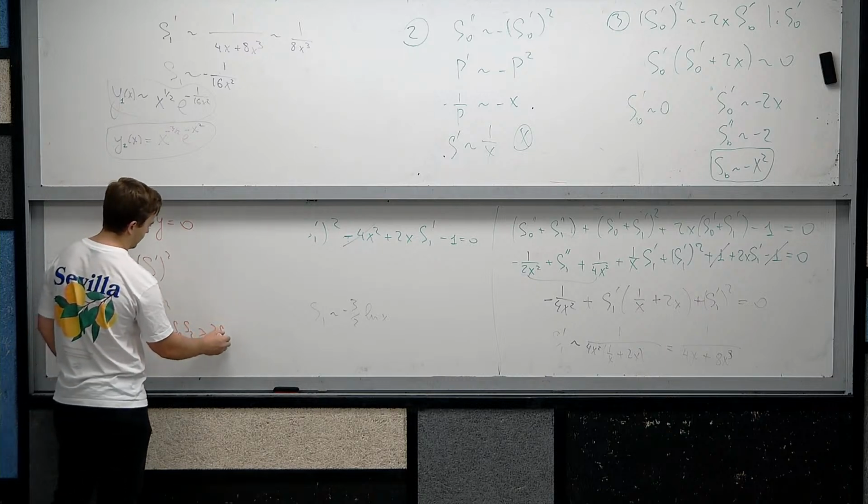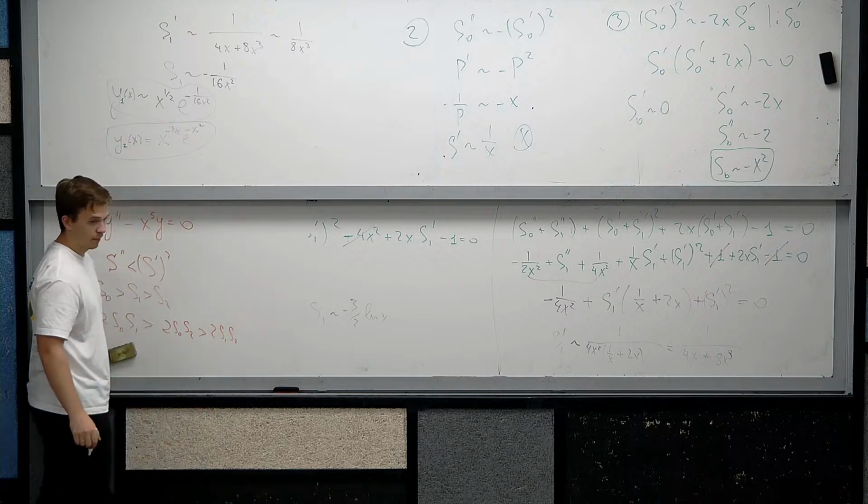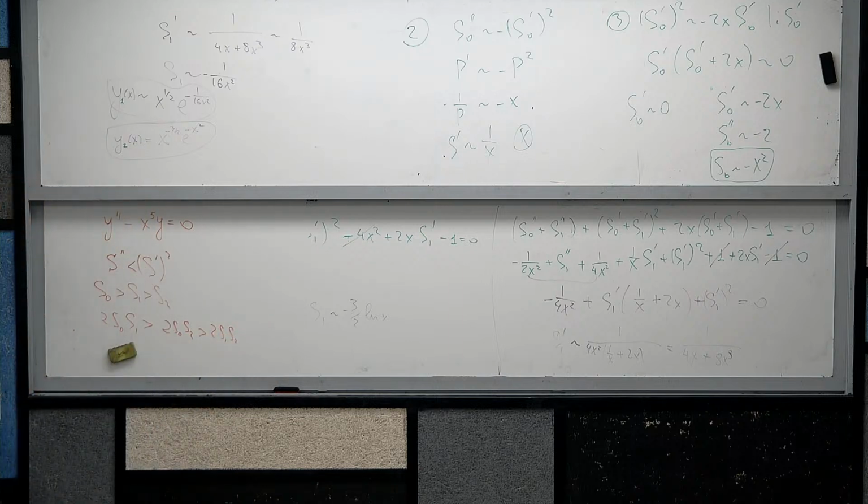Shouldn't we technically assume the opposite, that the square of the first derivative is less? Because more often when something decays over time, like for any 1 over x to any power greater than 1, it will decay faster. S prime squared will be much smaller than S double prime.